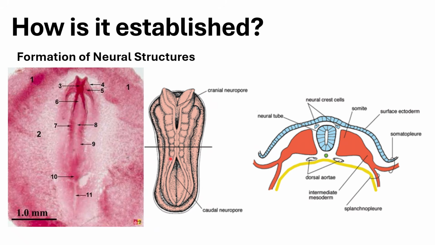Okay, and the most important thing to remember here is that the merging of the groove of the folds at the center starts from the central area of the body, and the cranial and the caudal parts are usually the last to fuse. That's why when there are abnormalities in the development, usually the developmental abnormalities is related with the failure of closure in the cranial and caudal areas. Okay?